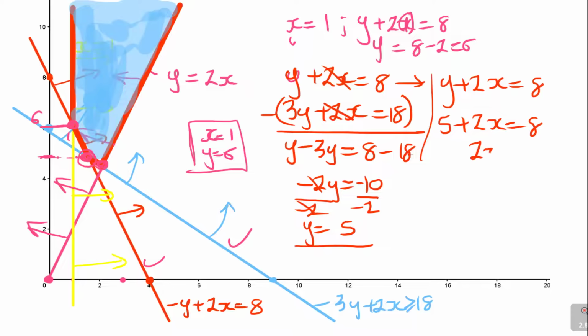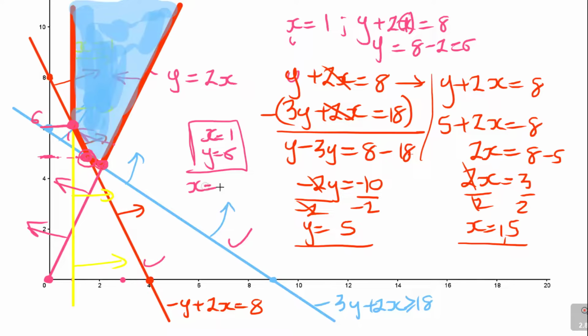So 2x is equal to 8 minus 5, and 2x is equal to 3, over 2 over 2. That means x is equal to 3 over 2, which is 1,5. There is a point. Y is equal to 5, not 1. X is equal to 1,5.